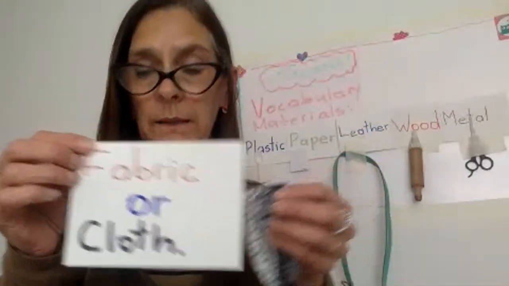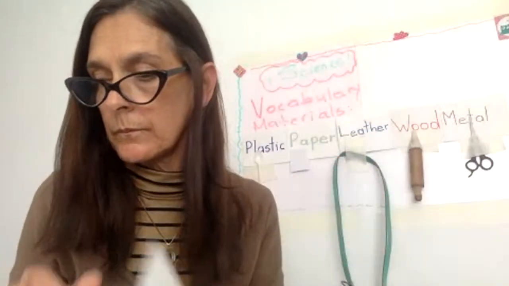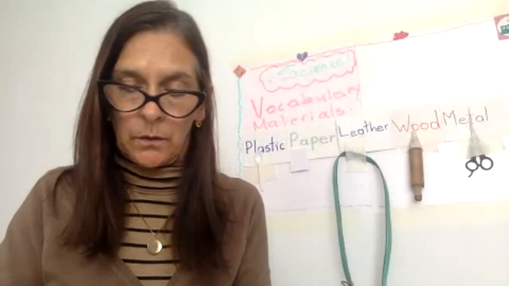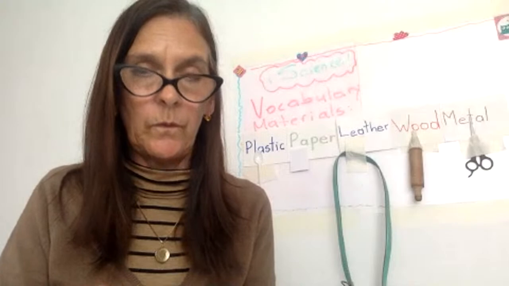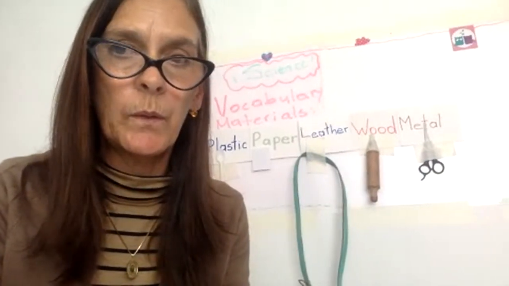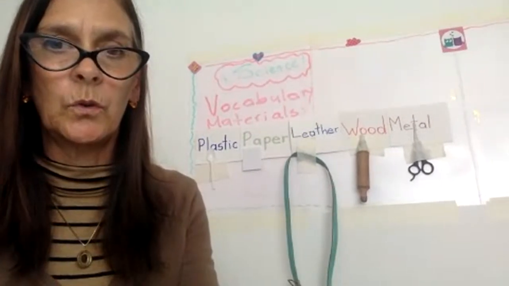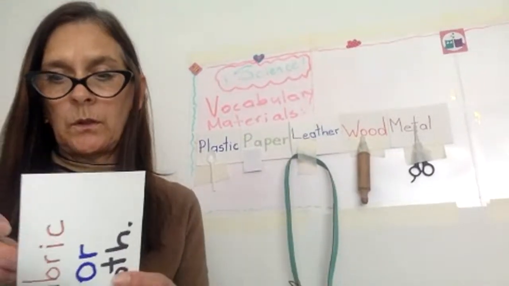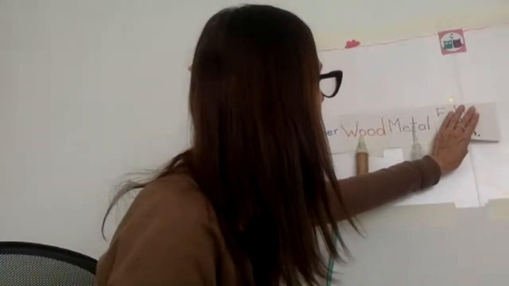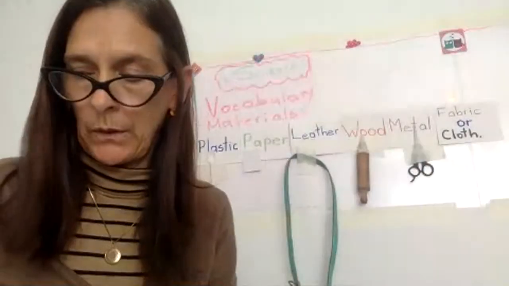I'm going to paste the word. Let's see how I am going to move my computer so everybody can see all the words. Okay, fabric. Yep, you can see it now.